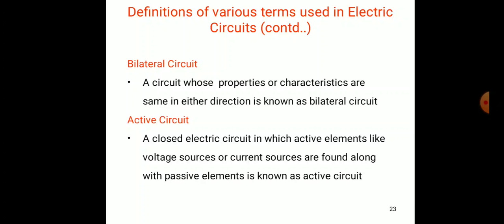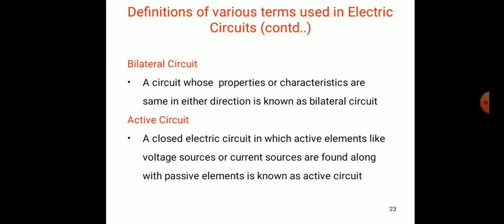A unilateral circuit has unidirectional properties. Whenever you apply a current, the direction changes. Coming to the bilateral circuit, the properties or characteristics are the same in either direction.